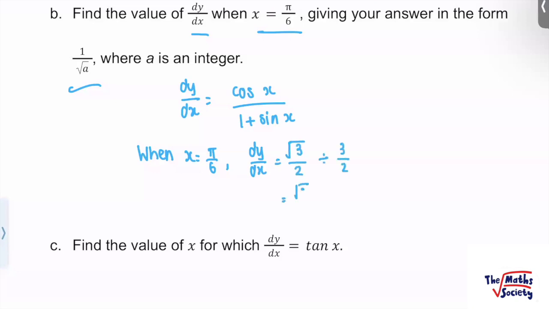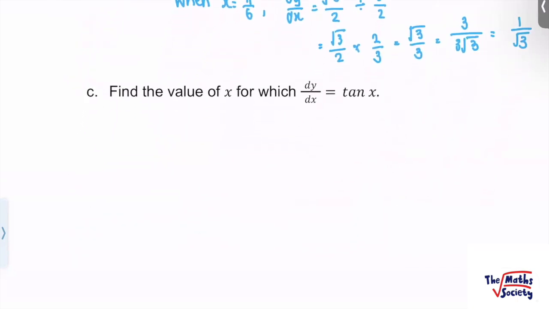So that's going to be root 3 by 2 multiplied by 2 by 3. So that's root 3 by 3. That's going to be equal to 3 by 3 root 3, so you're going to have it as 1 by root 3.